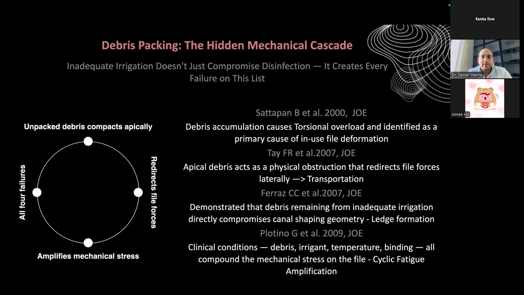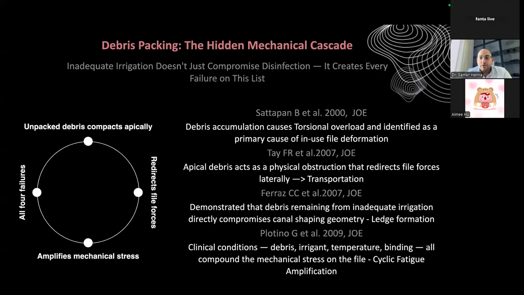So unpacked debris compacts apically, which will later redirect the file forces and amplify the mechanical stresses, and this will result in all four failures that we've talked about. So even not doing good irrigation will definitely cause mechanical instrument failure in the canal.